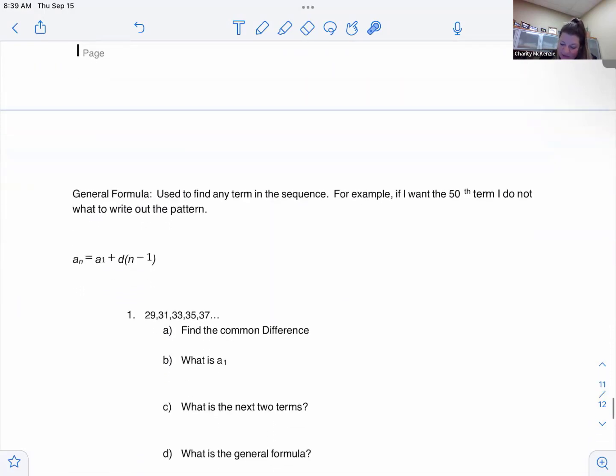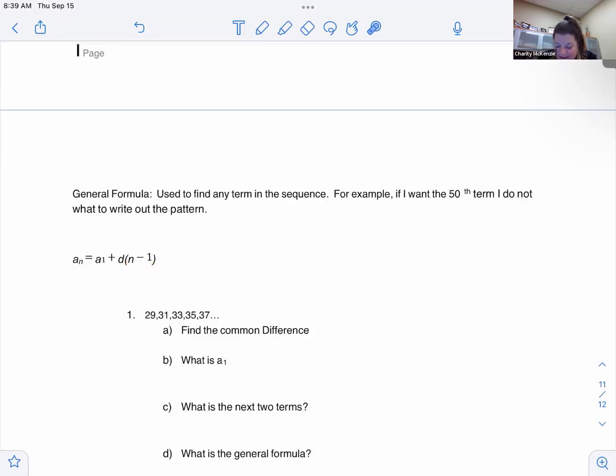And then the last thing is our general formula. If I wanted that hundredth number, I need a formula because I don't want to write out 100 numbers. I'm just too lazy. So here is the formula. So what the formula says is for any number in the term, any term, that's what term is here, you use the first term plus the difference between them times the next spot in the term.